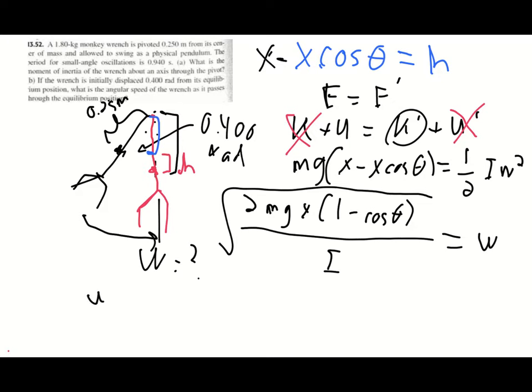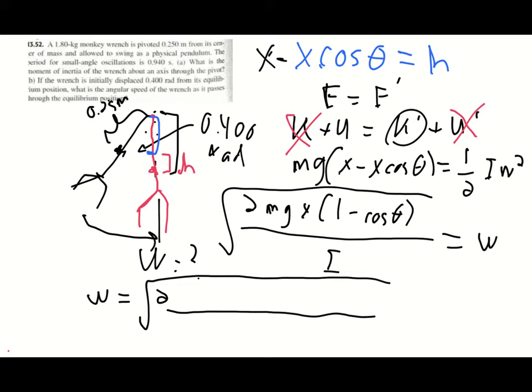Omega is going to be the big square root of 2 times 1.80 kilograms, same mass as in the first half, times 9.8 meters per second squared.